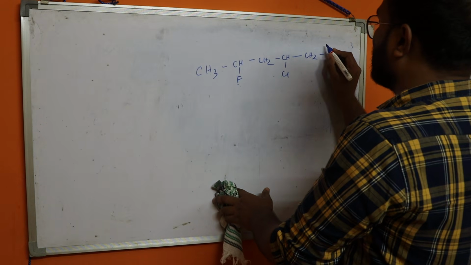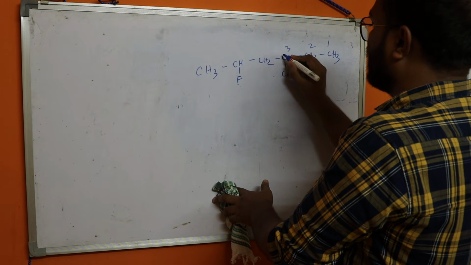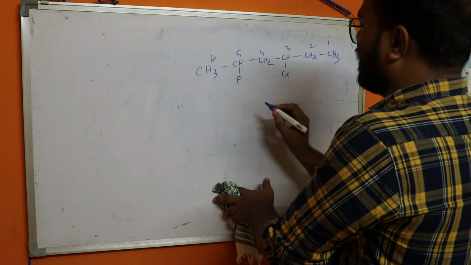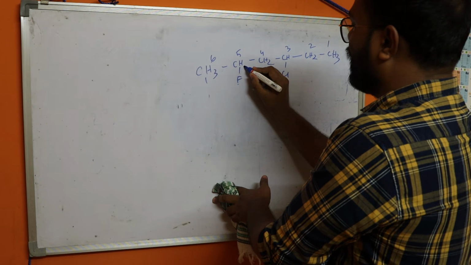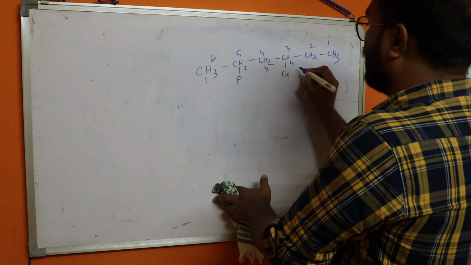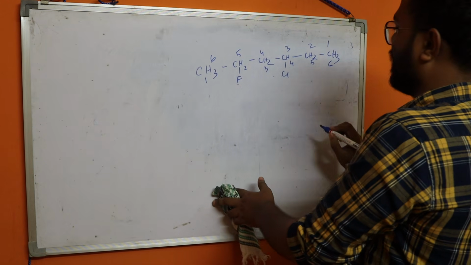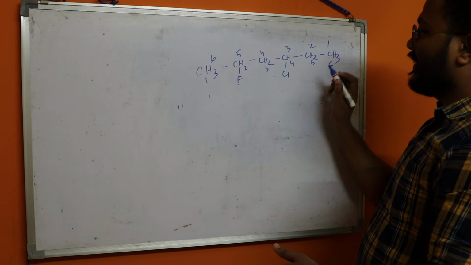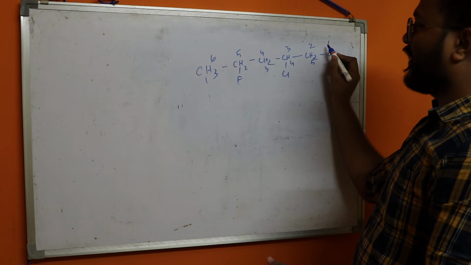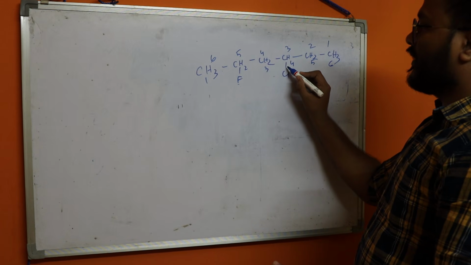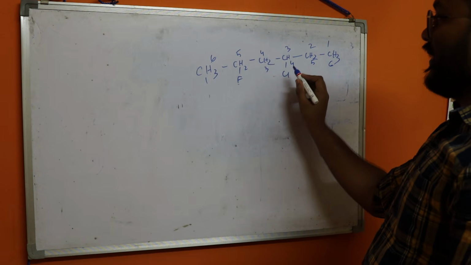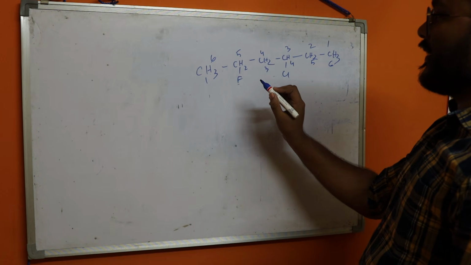We'll check the possibilities: 1, 2, 3, 4, 5, 6, and another way, 1, 2, 3, 4, 5, 6. So if we go from right to left, chlorine will get position 3, and fluorine will get 5.